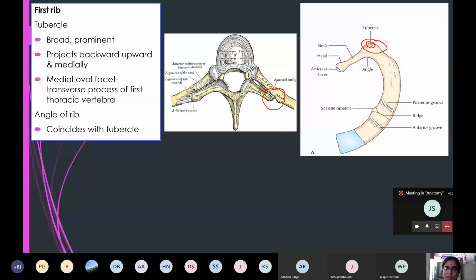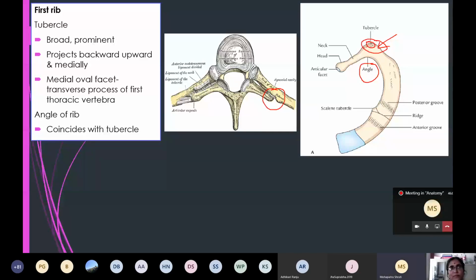Now, coinciding with the tubercle of the rib, there is the angle of the rib. The angle of the first rib coincides with the tubercle of the rib. So, what are the parts of the vertebral end of the first rib, my dear student? Head, neck, and tubercle.